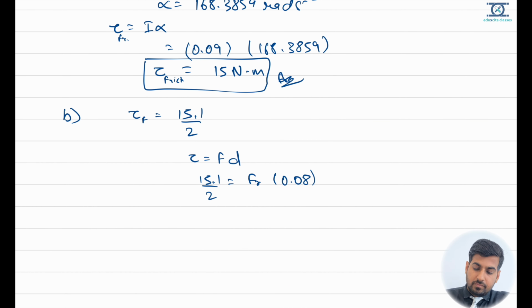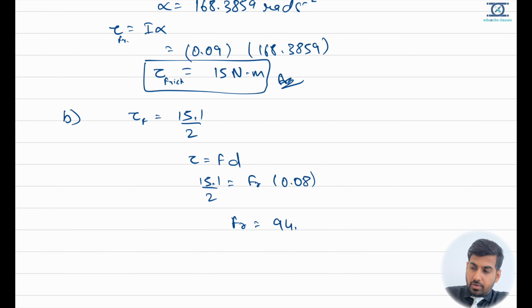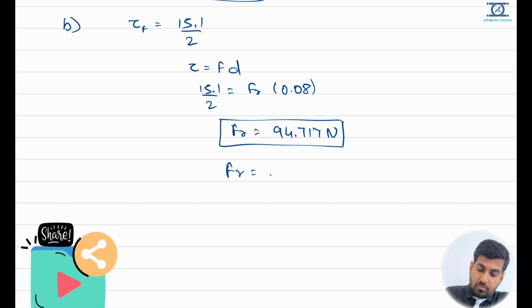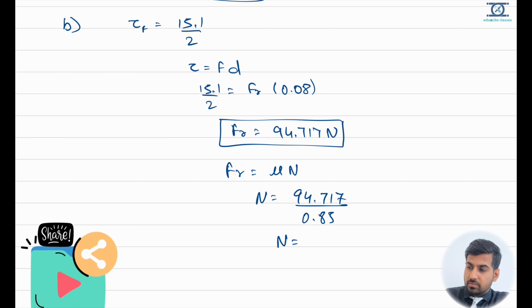So friction comes out to be something around 94.717 Newton. So this will be the friction force, and friction is equal to mu into N, the normal reaction force. So your normal reaction force will be 94.717 divided by 0.85, which is the coefficient of friction. So the normal force comes out to be nearly, in two significant figures, 110 Newton.